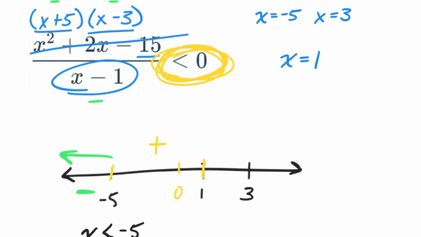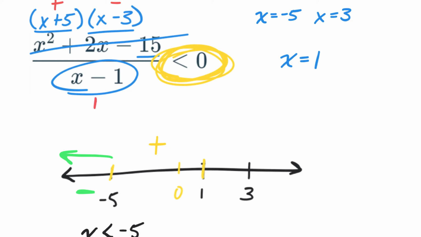Now we need to check between 1 and 3. Well, the obvious answer on that is to plug in the number 2. So let's do a different color here. Let's go with red. So let's do 2. 2 plus 5 is 7, which is positive. 2 minus 3 is -1, which is negative.